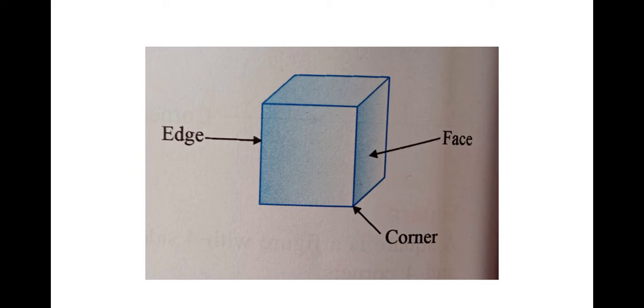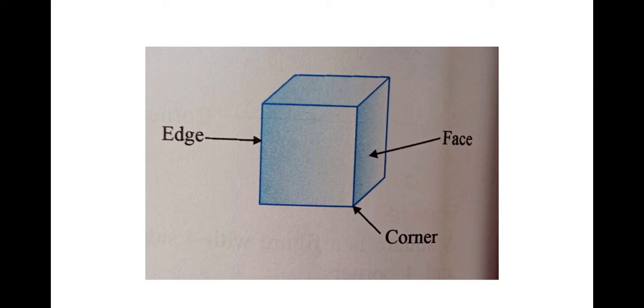These solid shapes have more than one face. Understand? Like cube and cuboid, these figures have more than one face. So let us learn how to identify or how to number the faces of the solid figures.